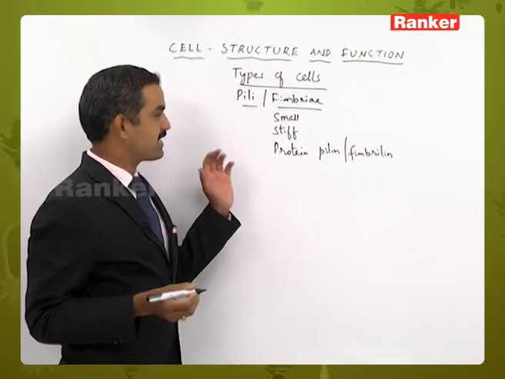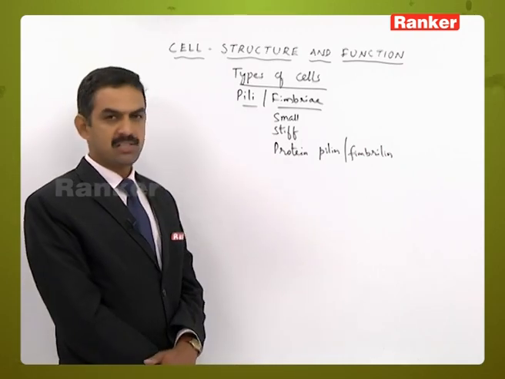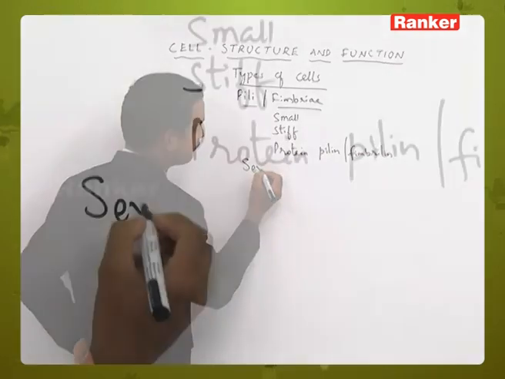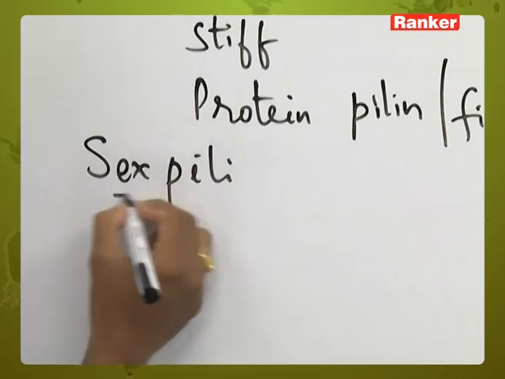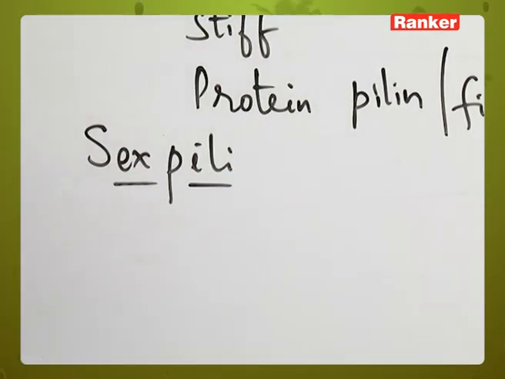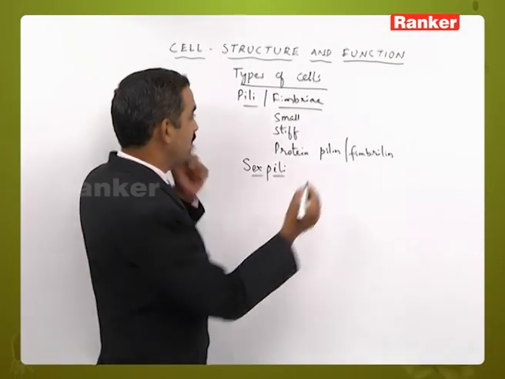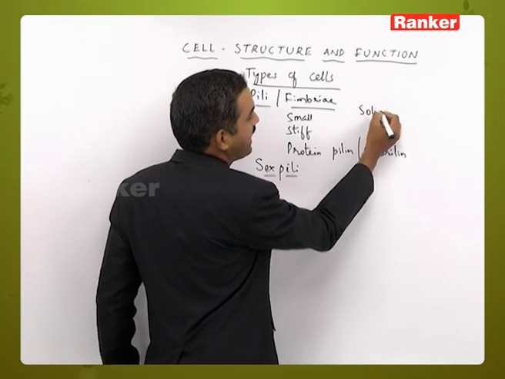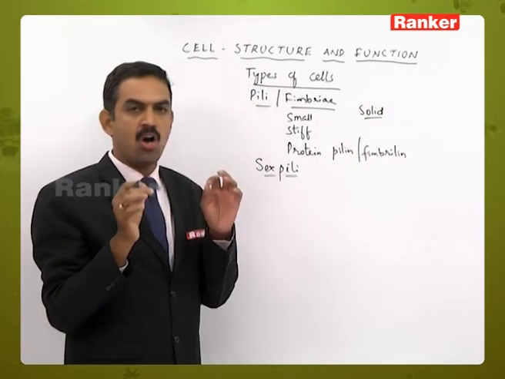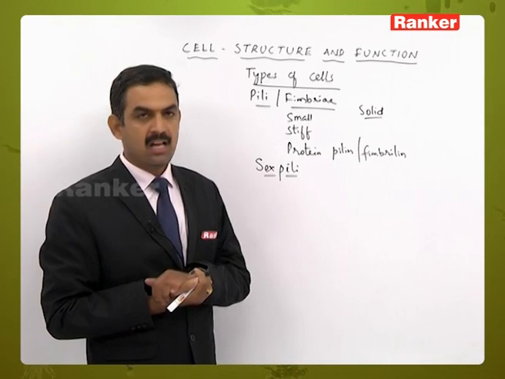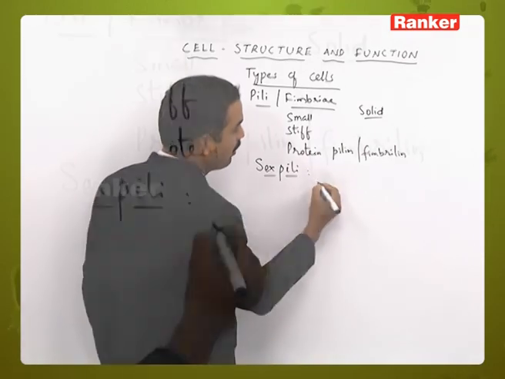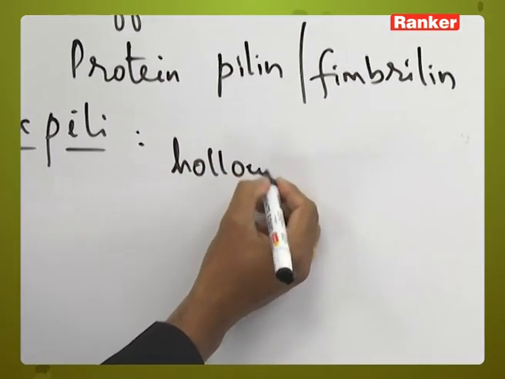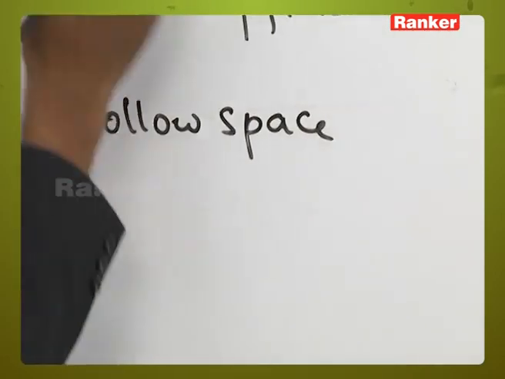In these, there are also some slightly modified structures. Those are called sex pili. How do normal pili differ from sex pili? Normal pili have a solid center, that is, there is no hollow space, whereas sex pili have a hollow space in the center.